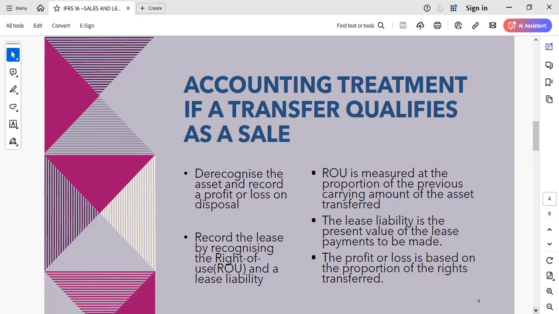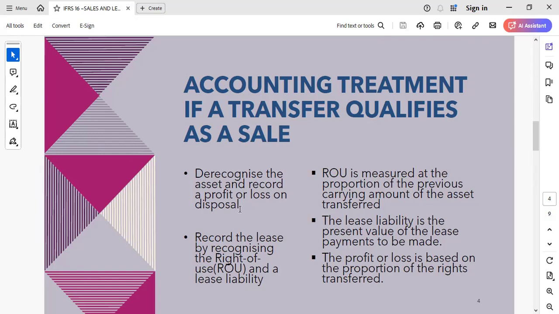Now, if a transfer from the seller lessee to the buyer lessor qualifies as a sale, what will be the accounting treatment? The first step is that since you've sold the asset, you derecognize the asset from your books, then you record a profit or loss on disposal.